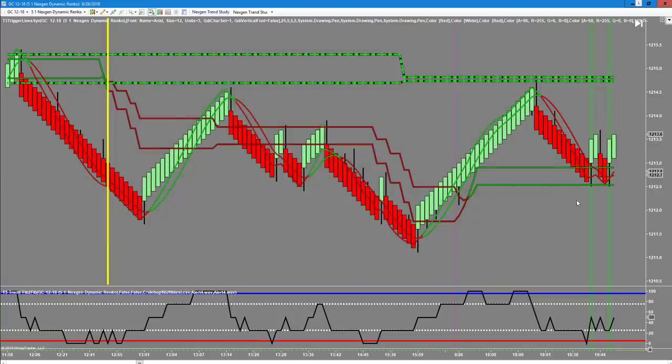Now, they're both crossed up again. So this would be a valid attempt at a trend trade long. Everybody understand it? The small triggers are above the bottom synthetic trigger that's crossed up. They're both crossed up, so we'll see what happens.